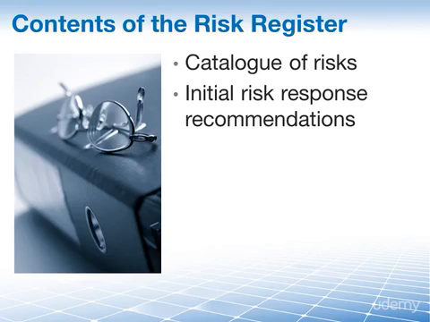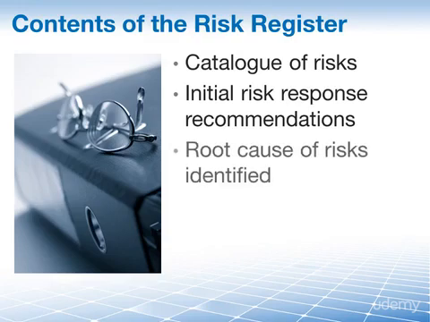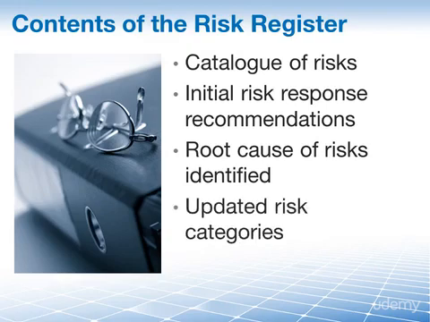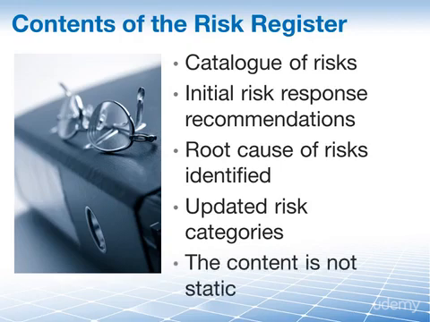These will serve as inputs to the plan risk response process. The register can and should, to the extent possible, contain root causes of risks, so it will likely contain diagrams like a fishbone or a cause and effect diagram. There should be a complete listing of updated risk categories.